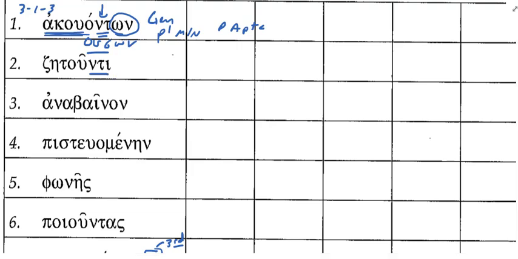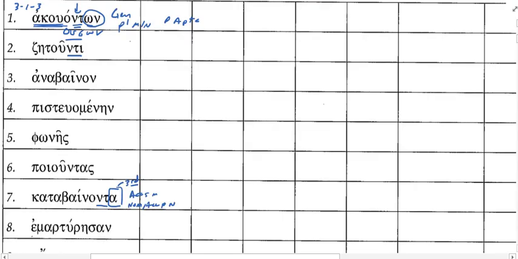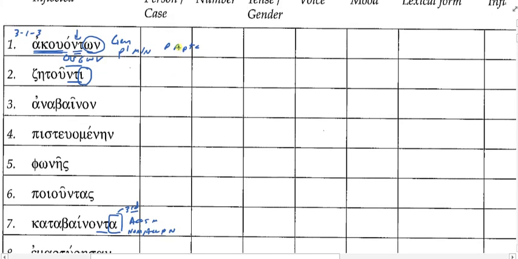Nu tau's for active, meno, mene, middle passive, right? Now, for the iota after that nu tau, what is that signaling for me? What case ending is iota? It's dative, singular. Good. What else? Dative, singular. And it could be masculine or neuter.